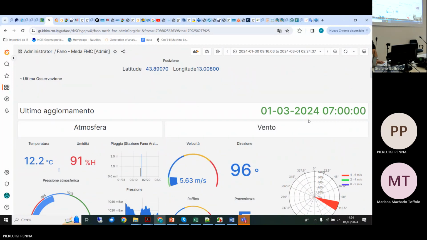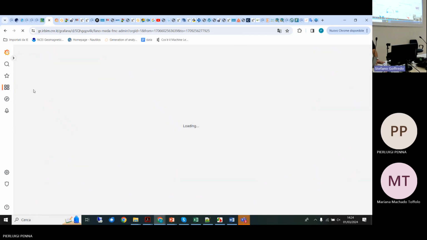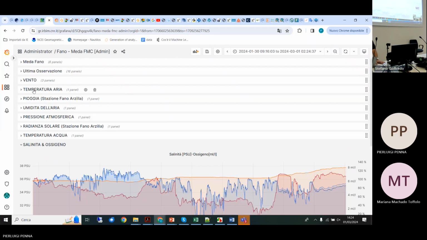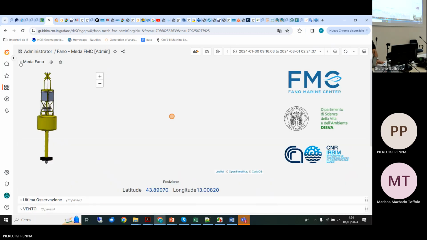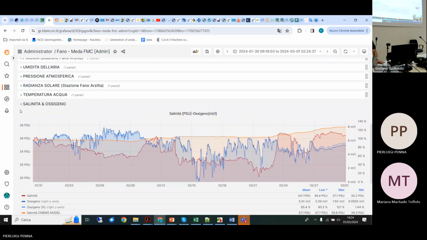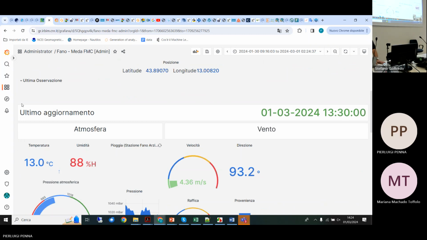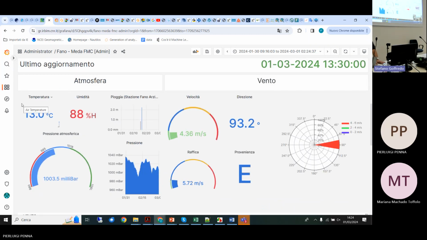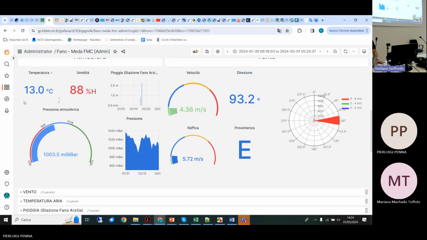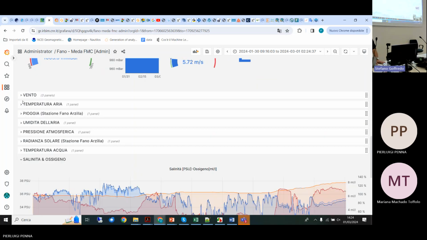Okay, last data is quite... We can renew. Okay, now is the last data. So there is a synoptic of all parameters that we talked about this morning.